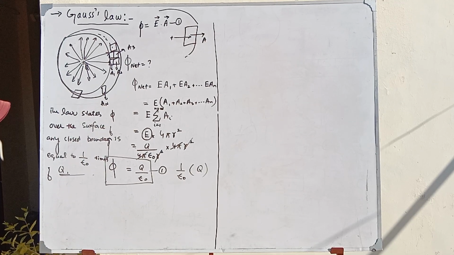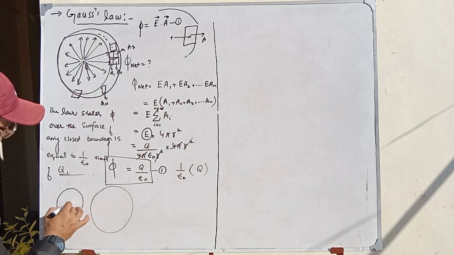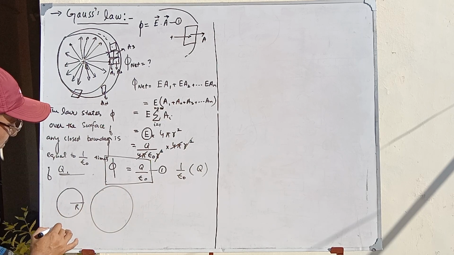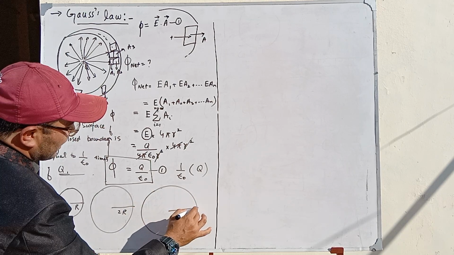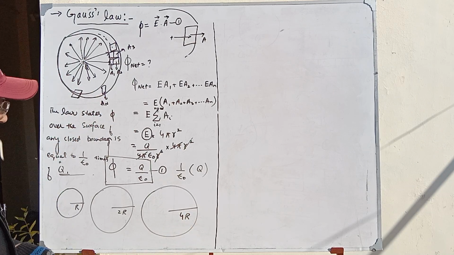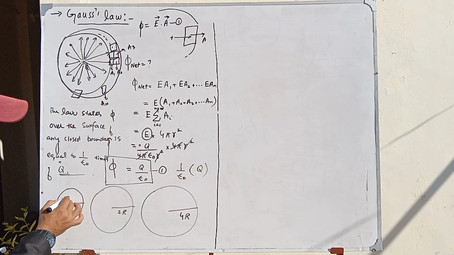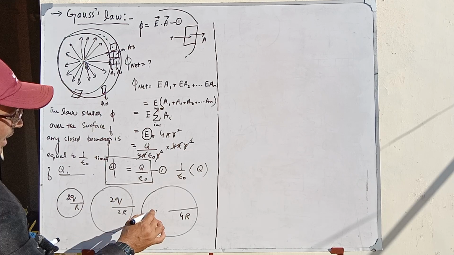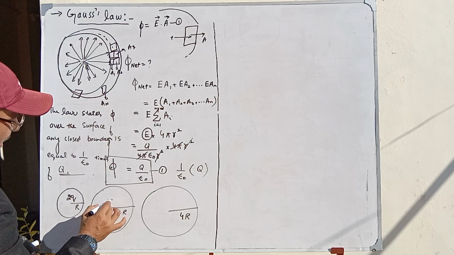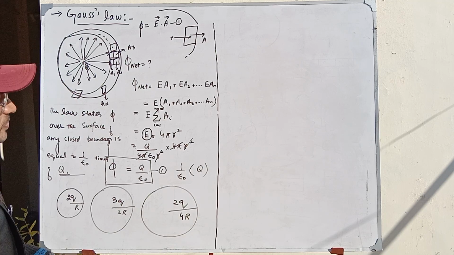Here I will ask a very simple question. For example, if I have three shapes, one of radius R, another of 2R, and a third of 4R, and I place some charge, 2Q in one, 3Q in another, and 2Q in the third.